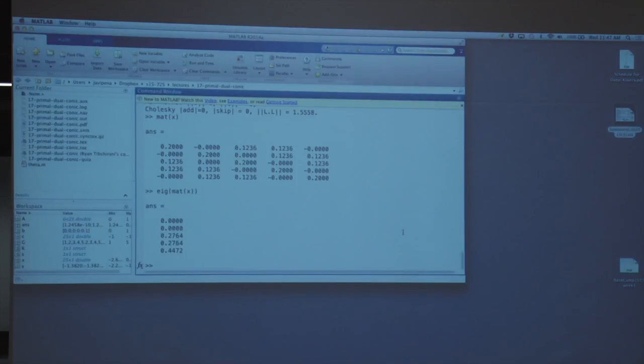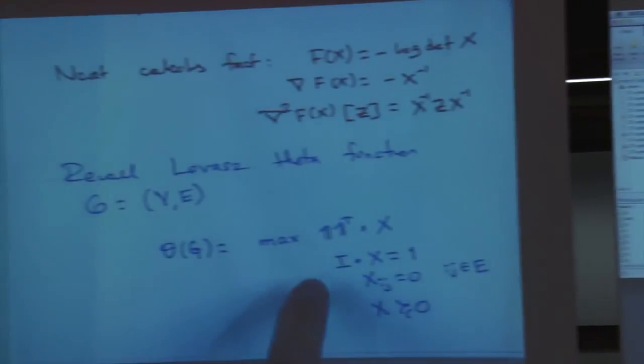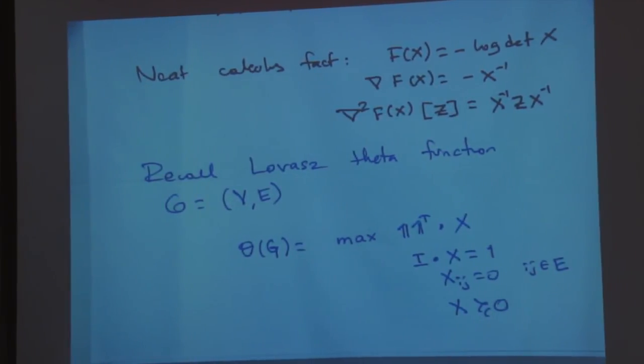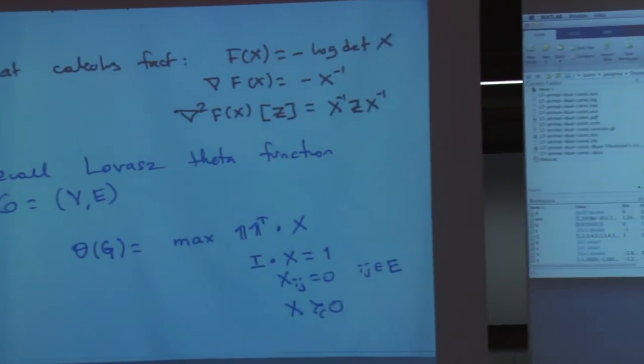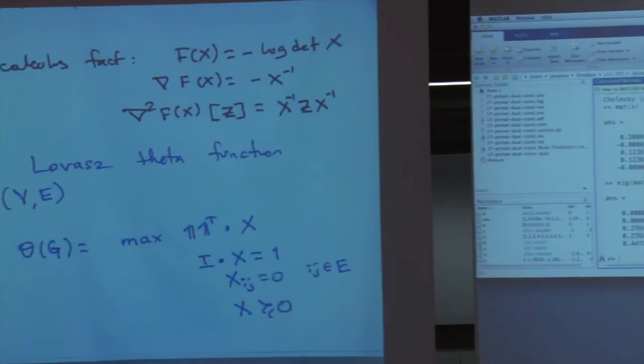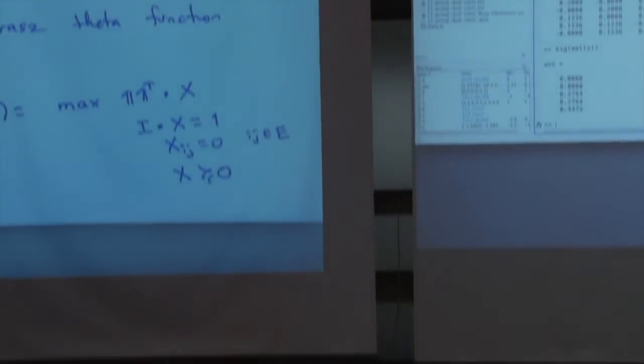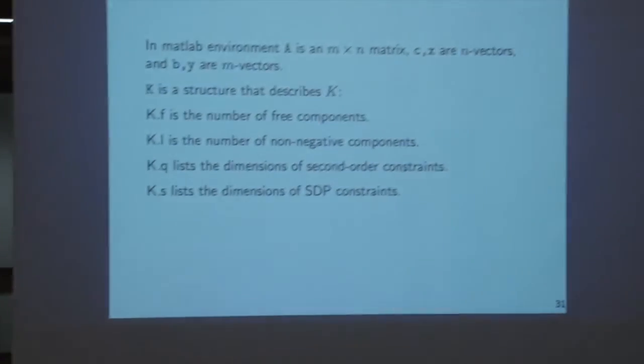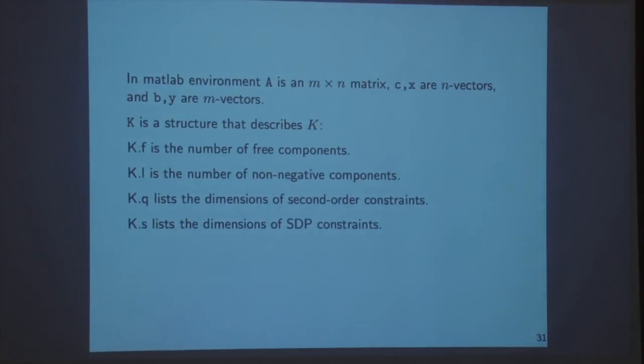You can play around with this if you are interested in solving any kind of small semi-definite program. SeDuMi works very well. You could play around, for example, with nuclear norm minimization for small problems. For big problems, we run into difficulties because there is a major bottleneck in interior point methods for semi-definite programming.